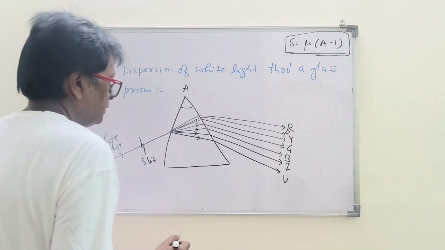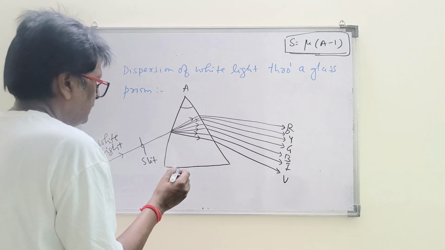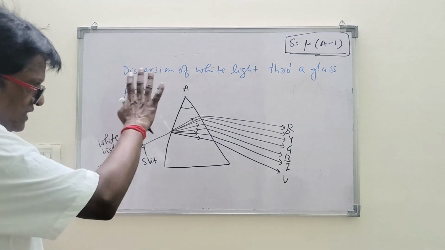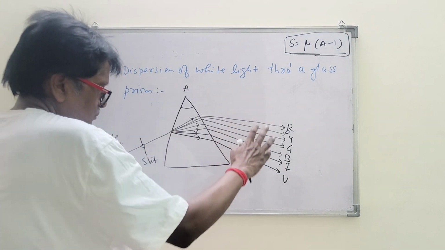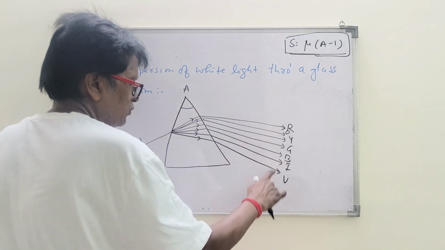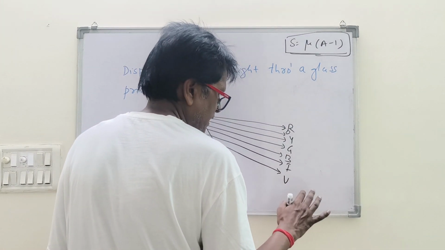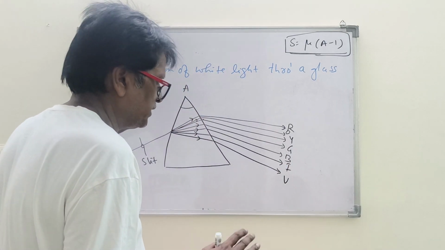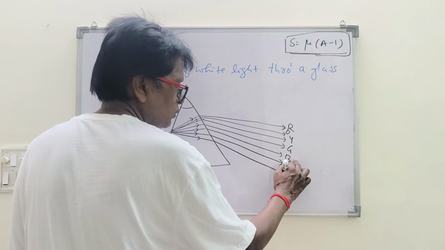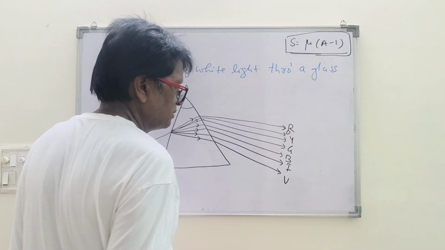What we see is that when white light is passed through a glass prism, it is split into 7 component colors. White light is made of 7 colors, VIBGYOR. V means violet, I means indigo, B means blue, G means green, Y means yellow, O means orange, and R means red.